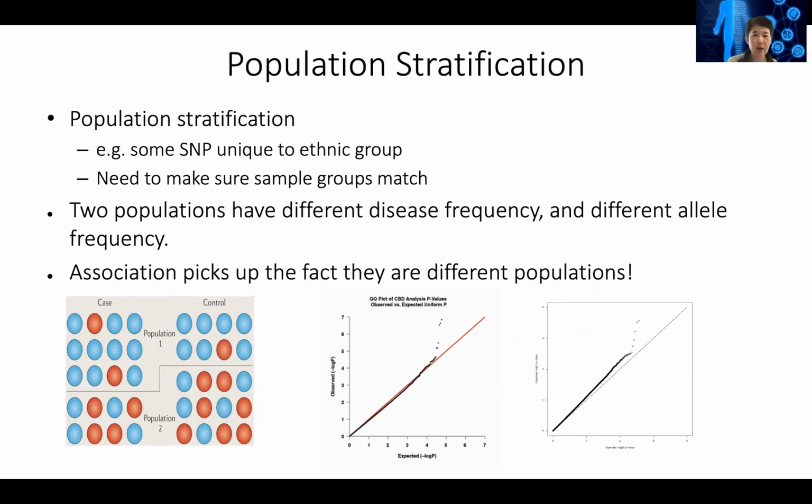Another important thing is to make sure that you don't have population stratification. For example, if I want to look for SNPs that can predict longevity, I collect centenarians, people who live over 100 years old, versus people who died before they reached 100.